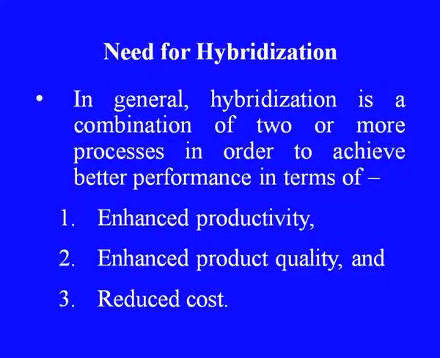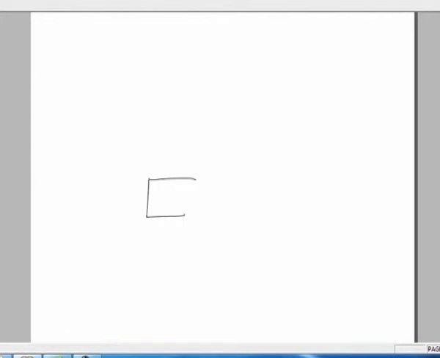First of all, why do we need hybridization? In general, hybridization is a combination of two or more processes in order to achieve better performance in terms of enhanced productivity, enhanced product quality, and reduced cost. If there is a process 1 and it has some performance, this performance comes along with the process's inherent limitations.